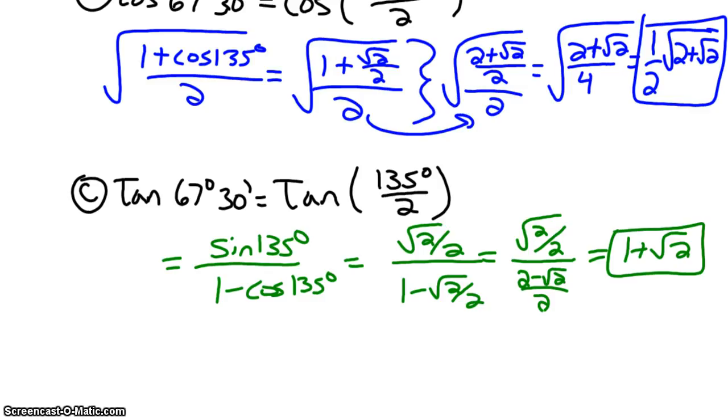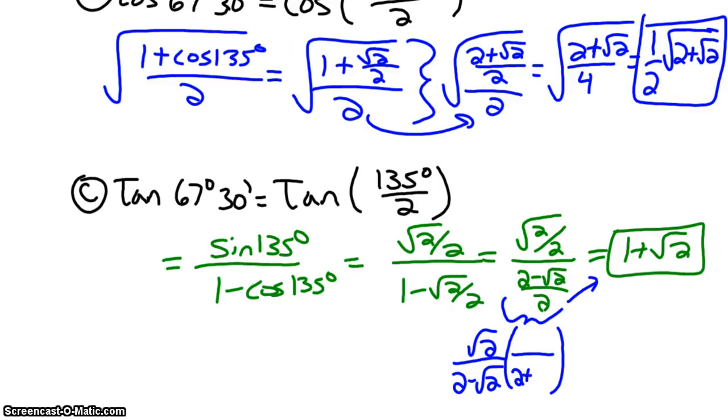With the remaining few seconds I have, I would like to just real quickly explain how this was solved as 1 plus radical 2. When I multiply by the reciprocal, I will end up with a radical 2 in the numerator and a 2 minus radical 2 in the denominator. Now, seeing our rationalization technique, I'm looking for a conjugate pair, 2 plus radical 2 in the numerator and denominator.